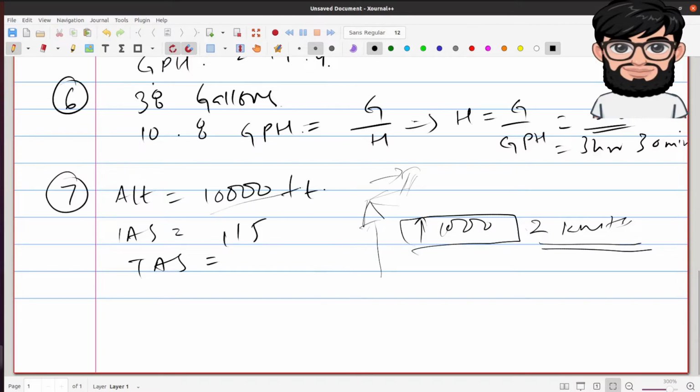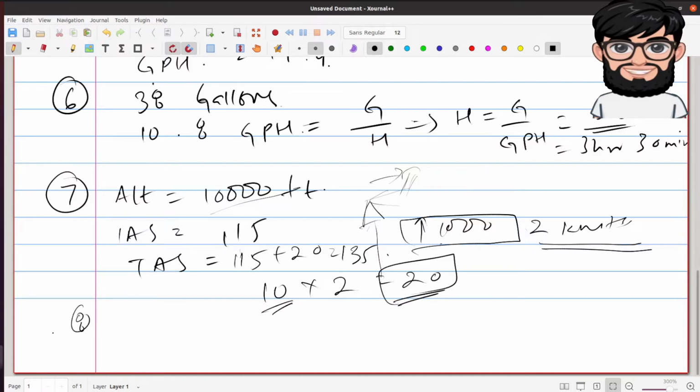So we are here at 10,000 feet. If we divide it by 1000, that would make it a factor of 10 multiplied by 2 knots. That means we're going to have an extra 20 knots. So the true airspeed is going to be 115 plus 20, which is 135.